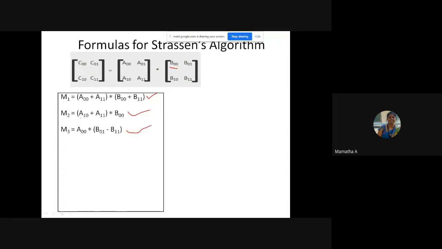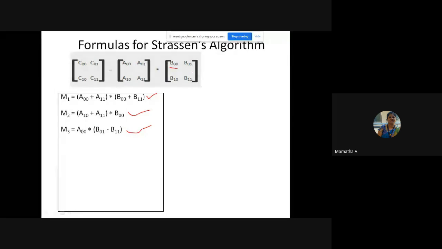If you are writing, keep it in tab. Okay, M1 is product of sum of the diagonal elements. What is M2? Addition of second row of first multiplied with the first element of the second matrix. What is M3? M3 is first matrix first element multiplied with subtraction of second matrix second column.